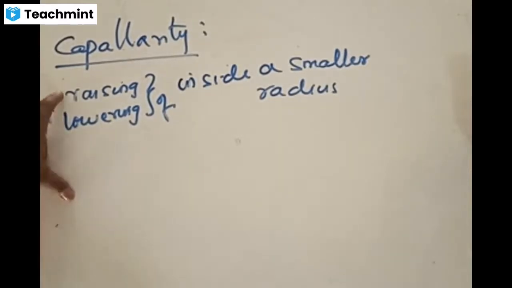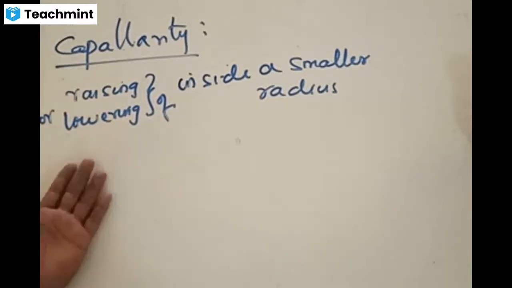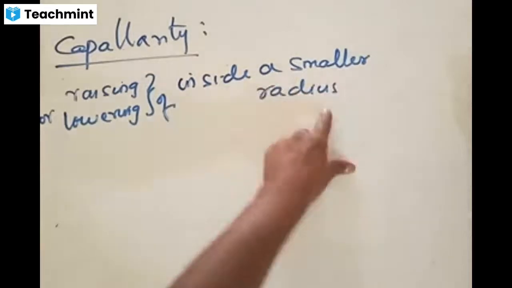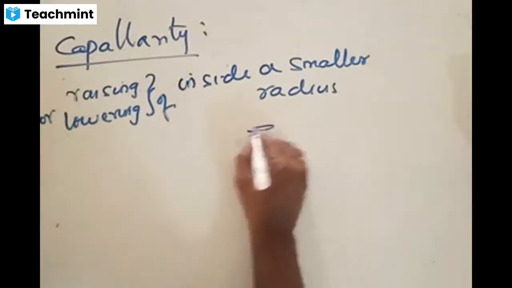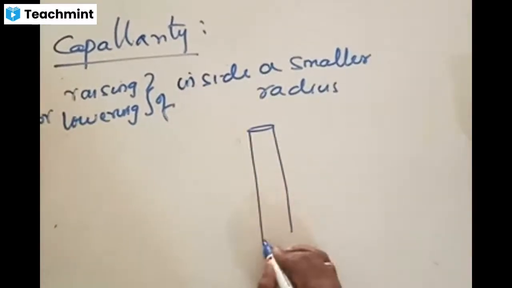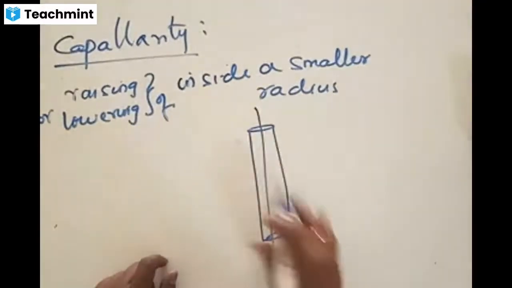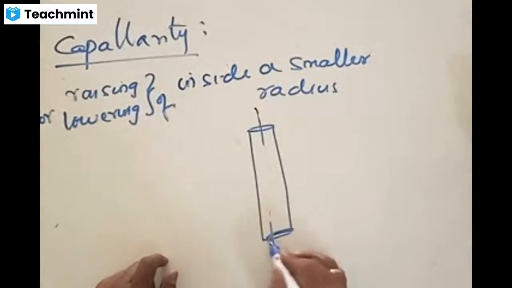Capillarity is the raising or lowering of height. Raising or lowering means adjusting the height. Where is that taking place? That is taking place inside the smaller radius. What do we mean by smaller radius? Capillarity is a device. There is some kind of a device constructed like this. There is some kind of a cylindrical glass rod with a small radius.